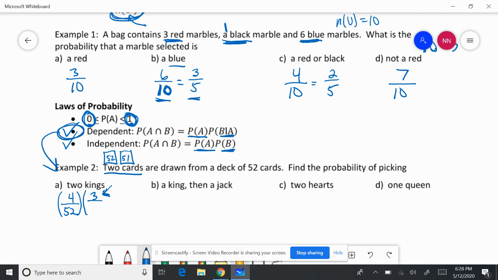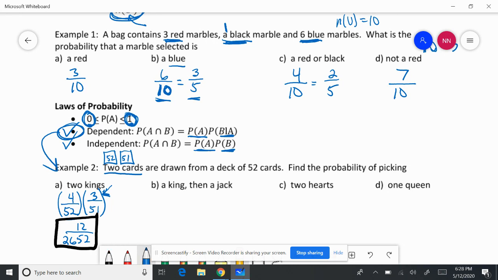As I said before, if you have 1 card in your hand, you no longer have 52, you have 51. So this is our setup. If we multiply those, 4 times 3 is 12. 52 times 51 is 2652. And that right there is our answer. I'm not going to reduce it. I'm just going to leave it how it is.